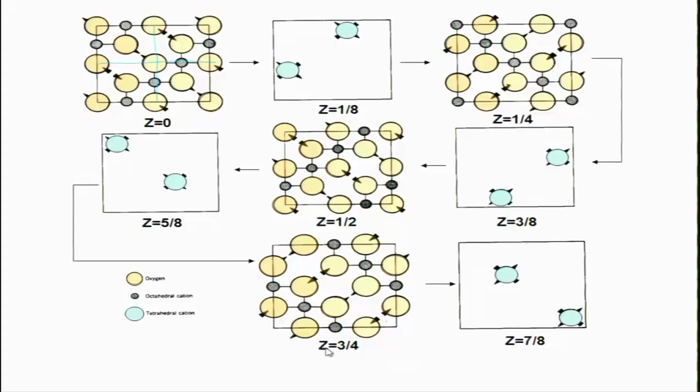Then you go to Z equal to 3 by 4. Again you go to a similar structure as you have here, but again you rotate the position of filling. So now the tetrahedral sites are filled, octahedral sites are filled in this fashion. This row is empty, this row is filled, this row is filled, this row is empty, this row is empty. Alternate filling of rows. Finally you come to Z equal to 7 by 8, where you have filled 2 tetrahedral interstices.